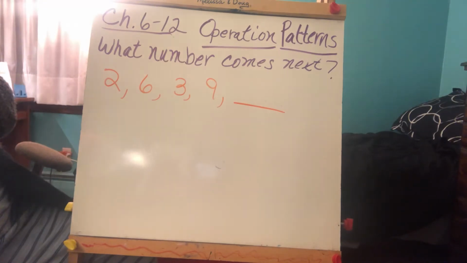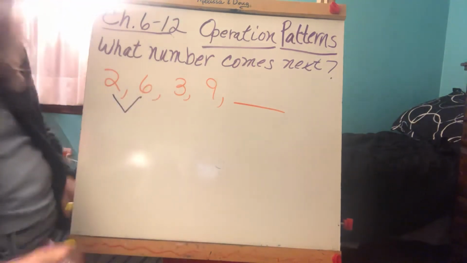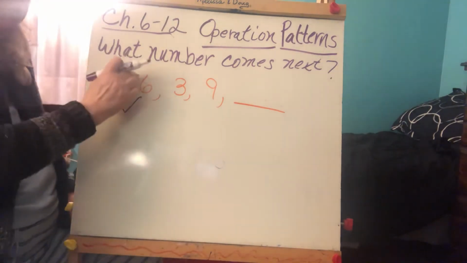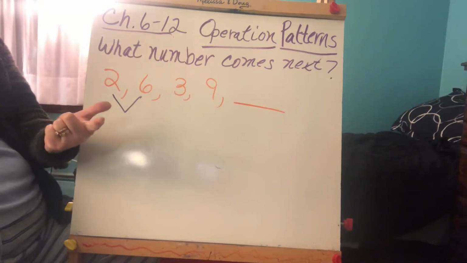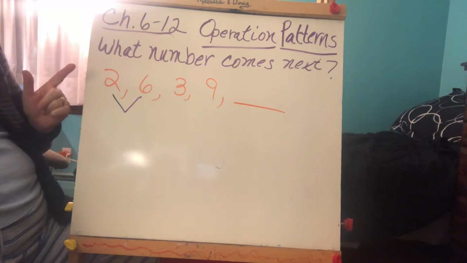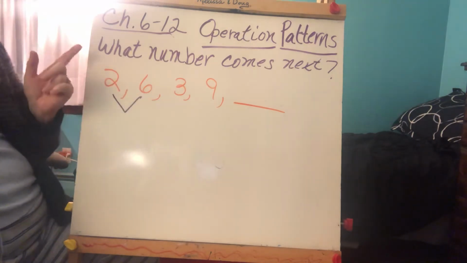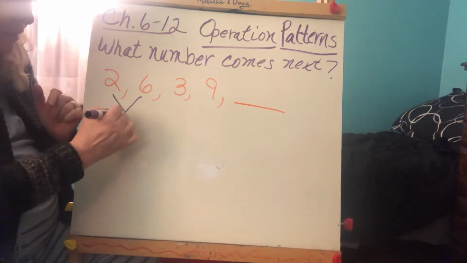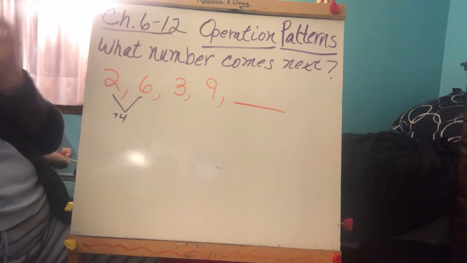What do I have to do to a 2 to get it to be a 6? It's going from smaller to bigger, so that means it's either multiplication or adding. So if I add something to 2 to get 6, I would have to add 4. Okay? But that doesn't quite work, does it?